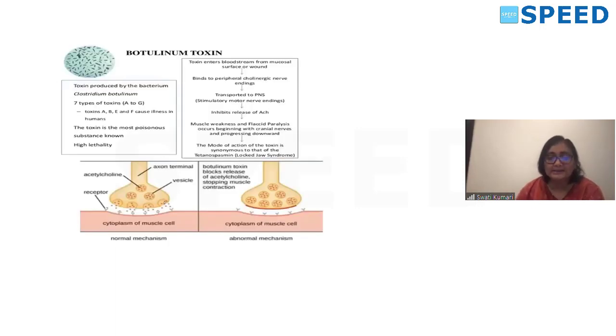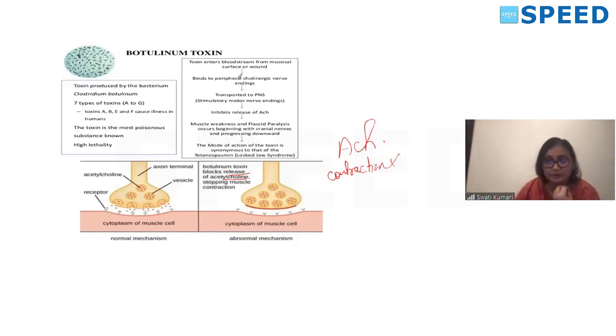So how does it act? It blocks the release of acetylcholine, so muscle contraction doesn't happen. The toxin can enter directly through the bloodstream, through the GIT, or through a wound; there are different types, which I will tell you.